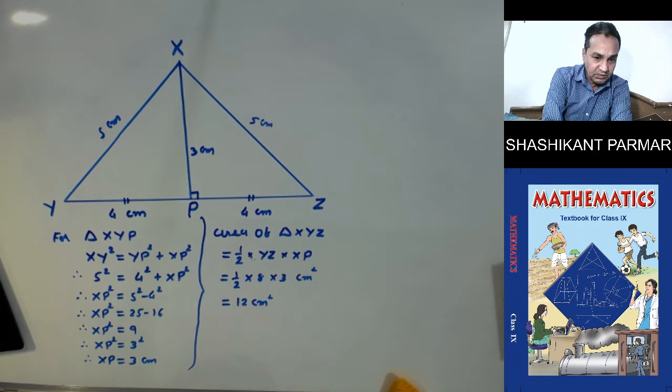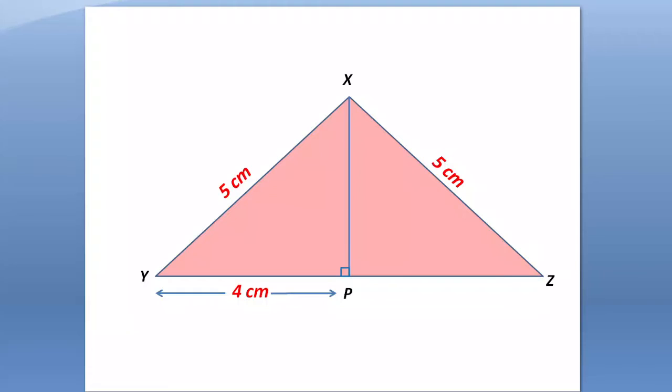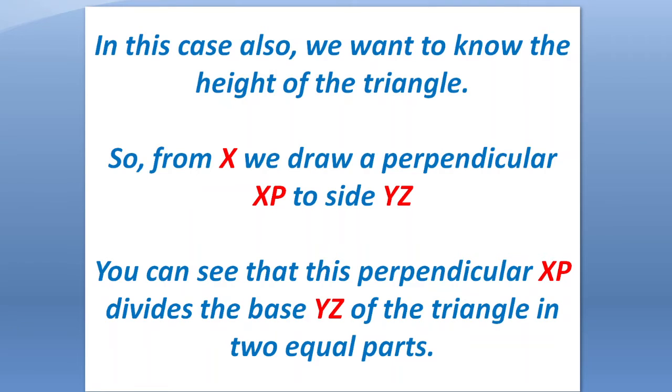Now see here, XYZ with XY 5 centimeter, XZ 5 centimeter and YZ 8 centimeter. So in this case also we want to know the height of the triangle. So from X we draw a perpendicular XP to side YZ.